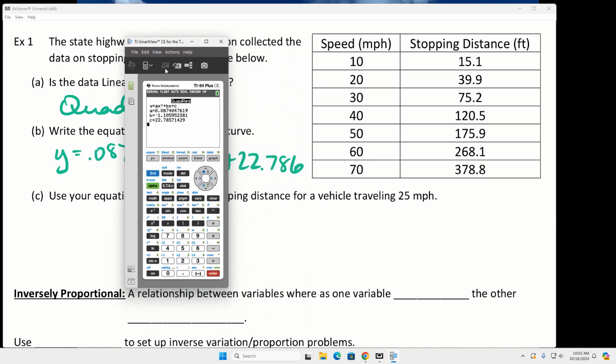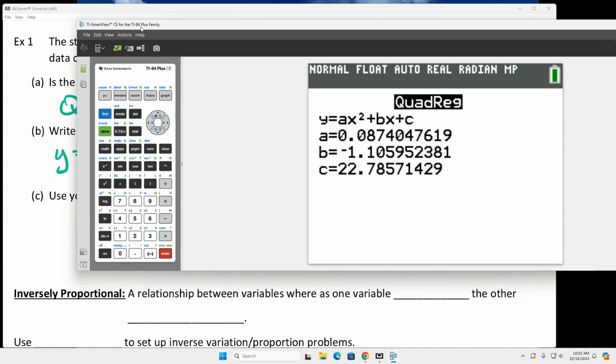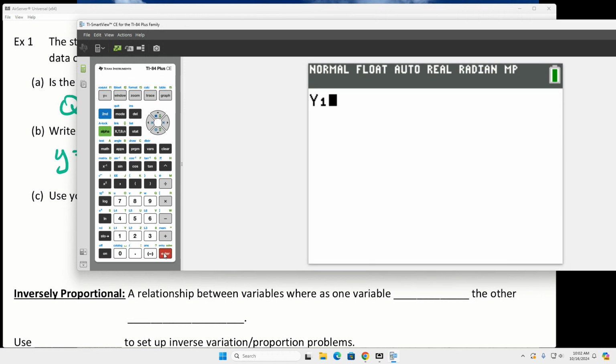All right, and because we stored that in Y1, it's going to be super easy for us. All we have to do is do alpha trace, choose Y1, and then tell it to plug 25 into it. And there it is.